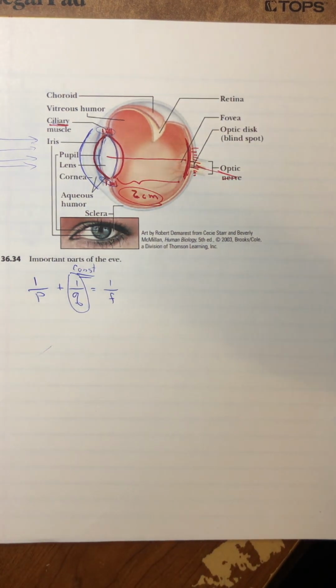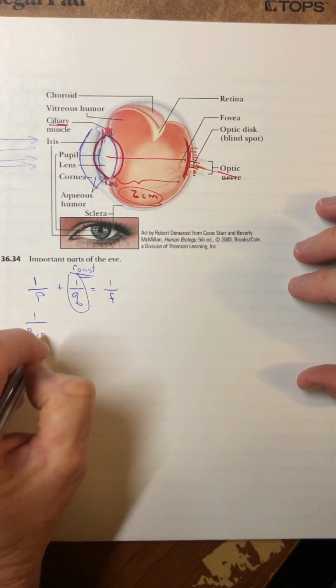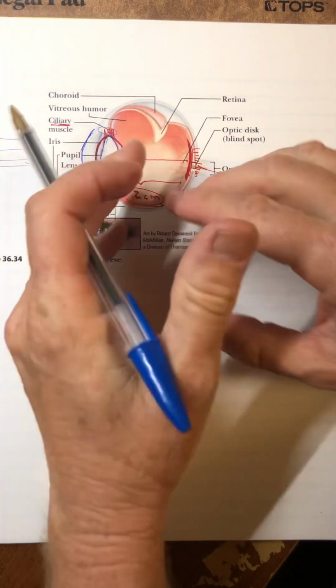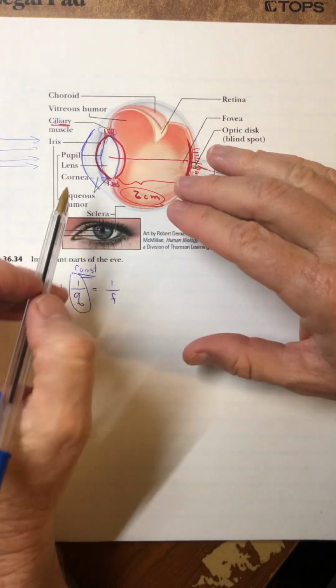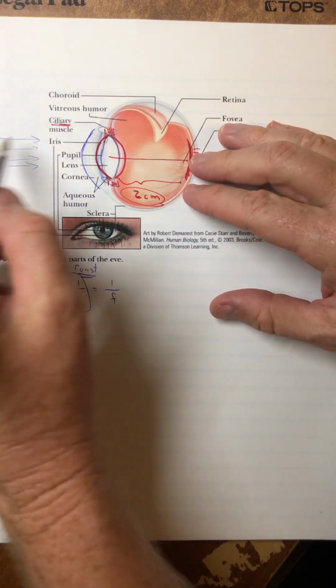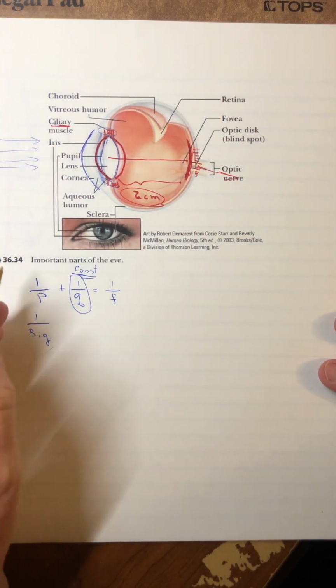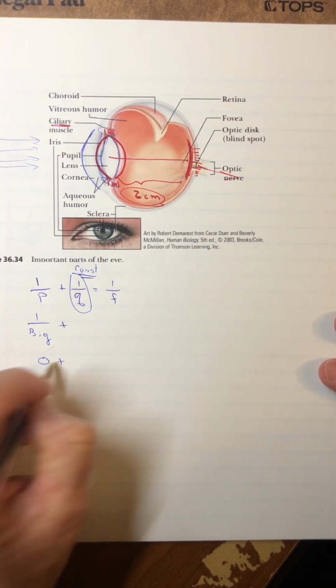And so you can see here that for things that are really, really far away, say I'm looking at something in the distance, out in the wilderness focusing on a mountain really far away, I would say 1 over a big distance is essentially 0.